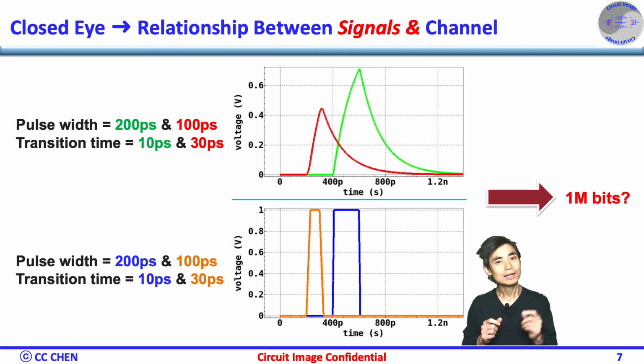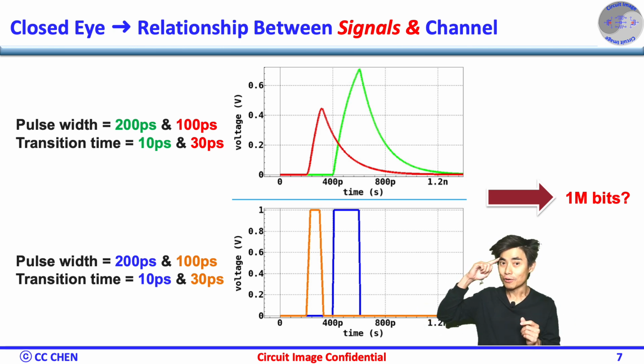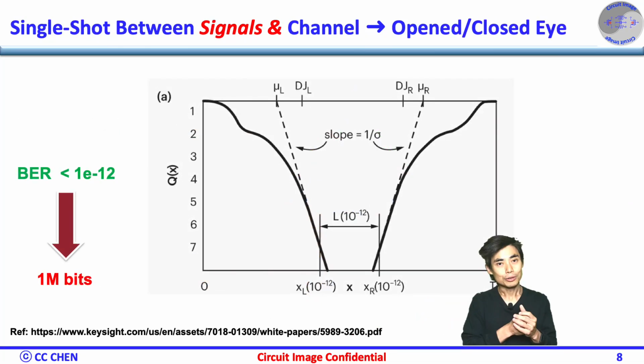After understanding the relationship between signals and channels, we can even implement an efficient channel validation tool. What's that? Think about the image of 1 million bits for 5 seconds. Bingo! To extrapolate the peak-to-peak RJ for bit error rate down to 1e-12 precisely, a corresponding measurement from the transitions of about 1 million bits is a must.